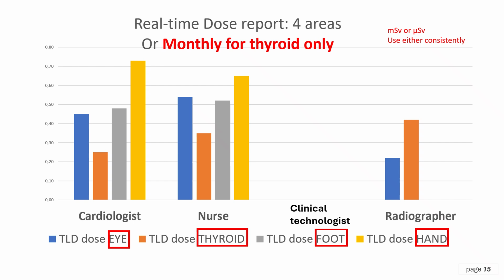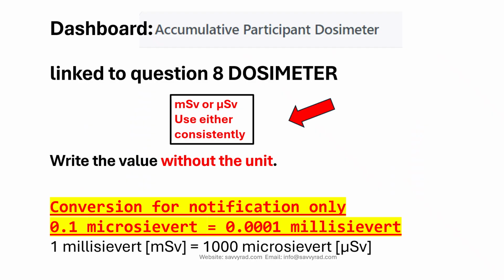The dose report of the eye, thyroid, foot or hand of the radiographer, clinical technologist, nurse, and then the cardiologist or any physician in theater or interventionalist, and it can either be in millisievert or microsievert. Just use that consistent, write only the value without the unit, and there's just a conversion factor if you want to use it, but there's no need. You can use either milli or microsievert.